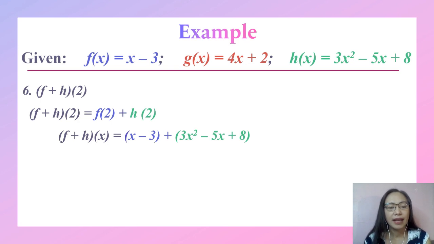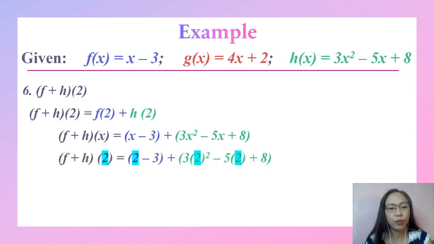Then we substitute 2 to all the x's in the function. So we have f plus h of 2 equals 2 minus 3 plus the quantity 3 times 2 squared minus 5 times 2 plus 8. So notice that the x's have been replaced with the number 2. Negative 5x here is this with 2.